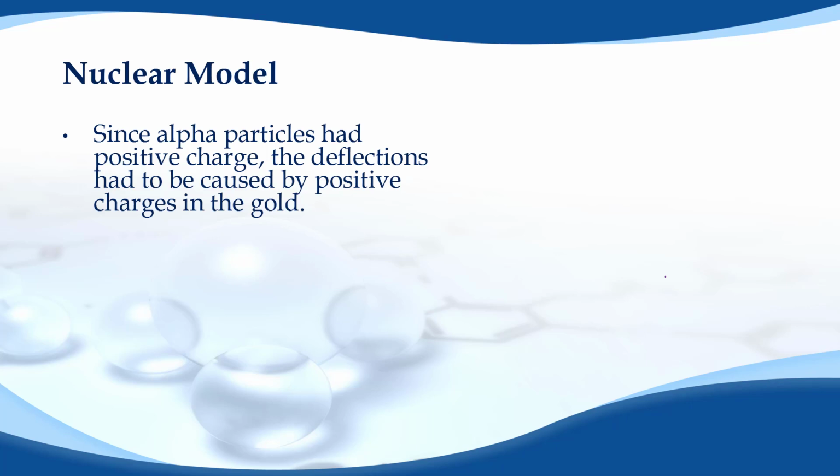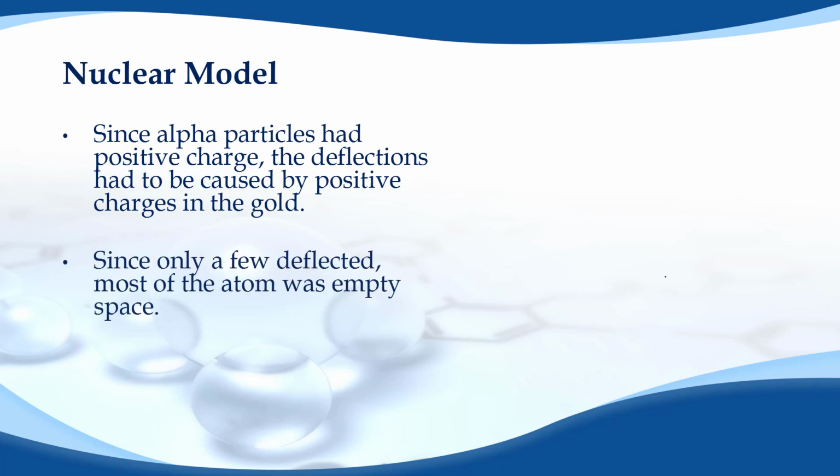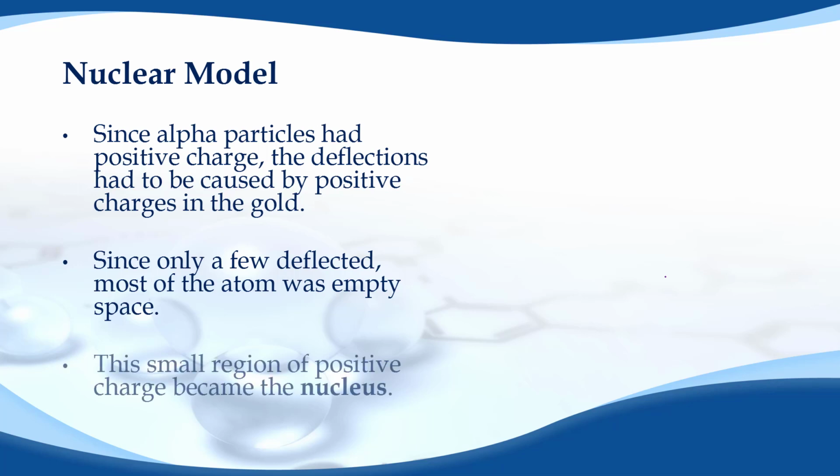But since only a very small amount of atoms showed any deflection, the positively charged stuff that the alpha particle struck off of had to be extremely small. And since most of the particles passed through with zero deflection, then that means that the remaining portion of the atom has to essentially be empty space. Right? So this was the discovery of the nucleus, that small positive region in the center of an atom.